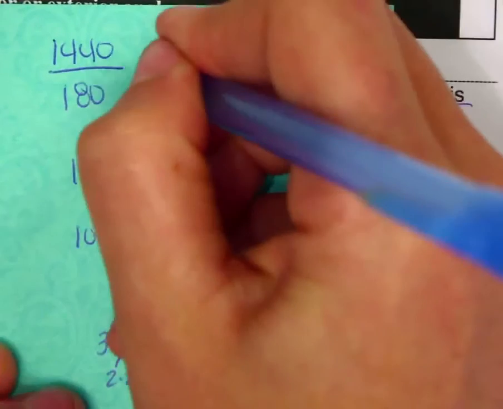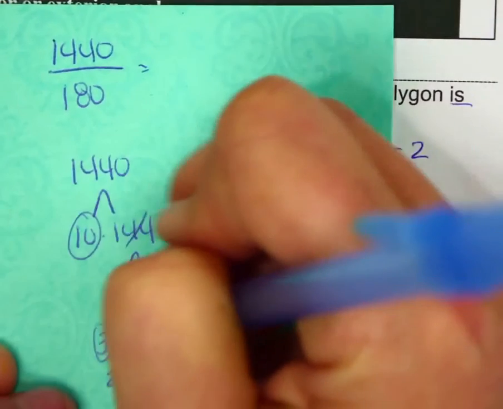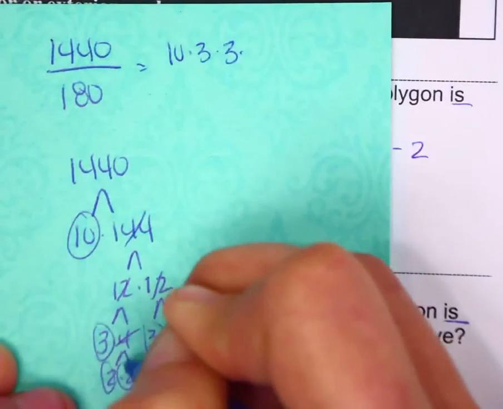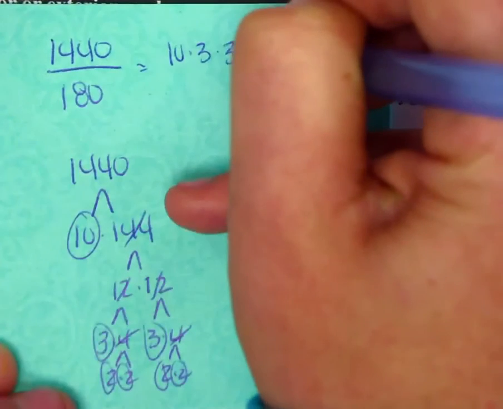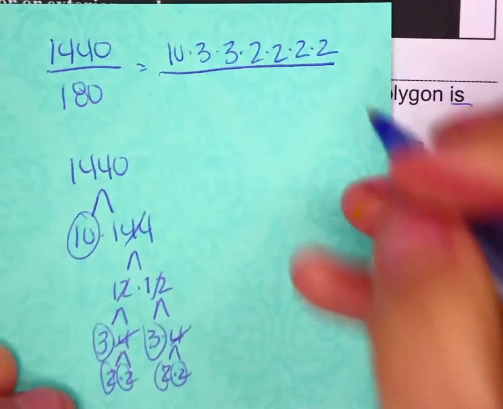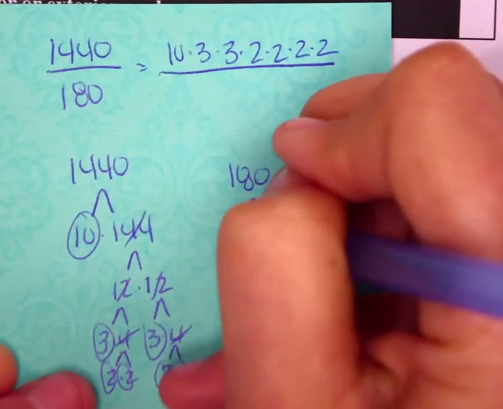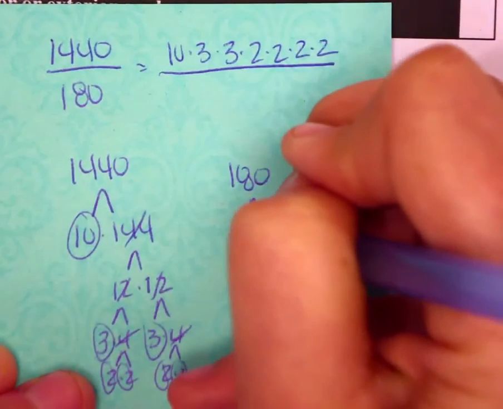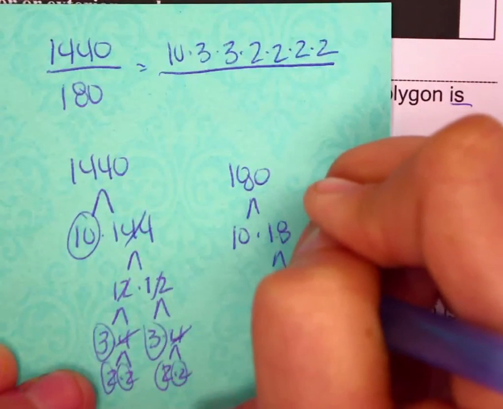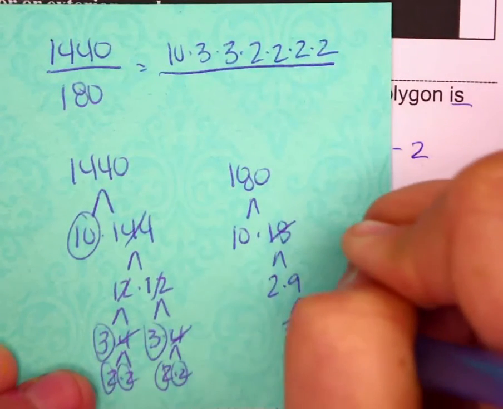So 1,440 reduces down to 10 times 3 times 3 times 2 times 2 times 2 times 2, 4 of them. Okay, 180. If you're using this technique, you could have the reduced version of 180 every time. 18 is 2 times 9, and that's 3 times 3.